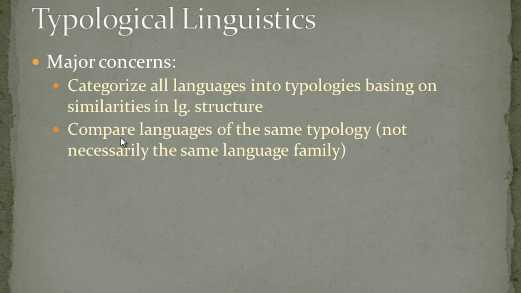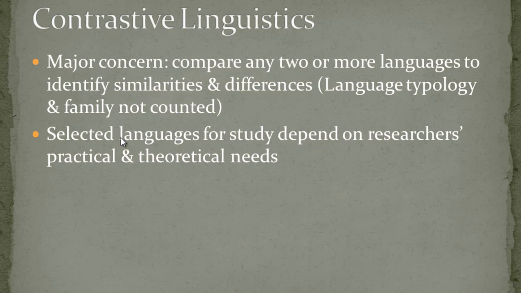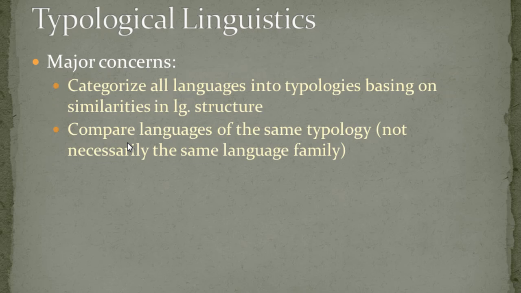Right. Now, in typological linguistics, we try to categorize languages into categories. And basically, we have 4 categories ranging in a continuum. It can be from purely analytic languages to purely synthetic languages.